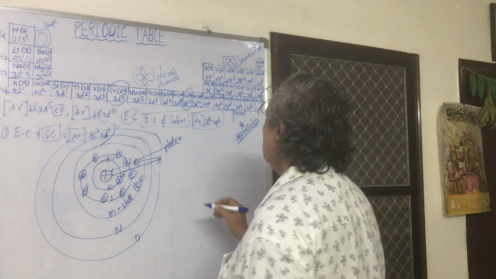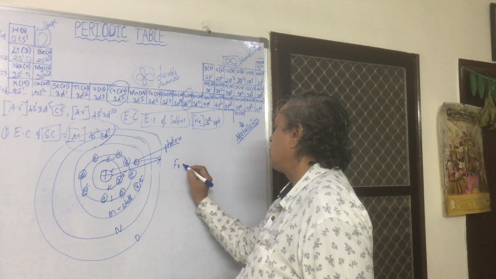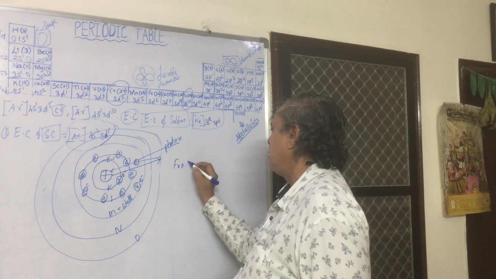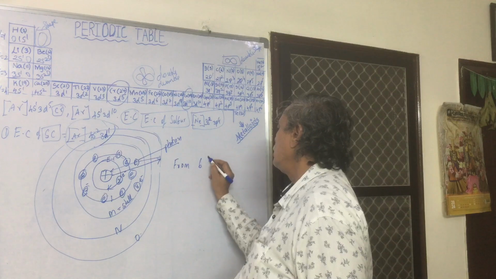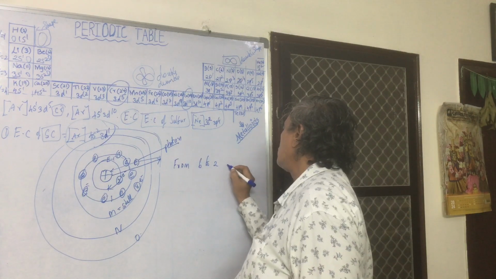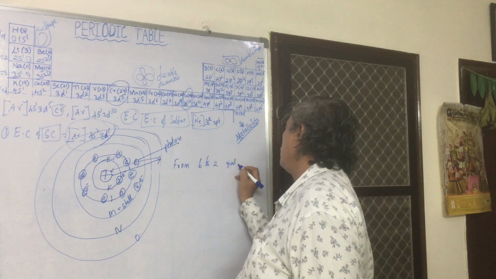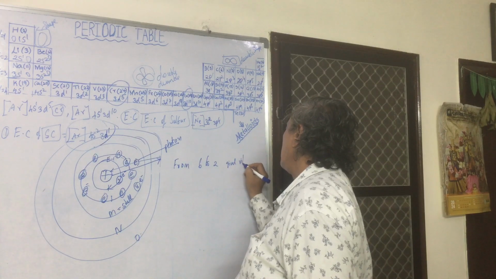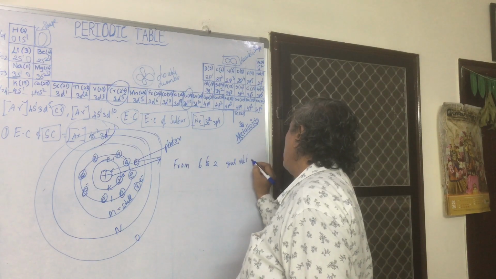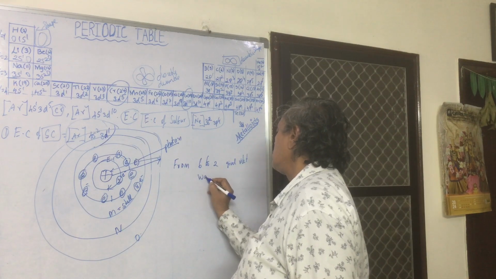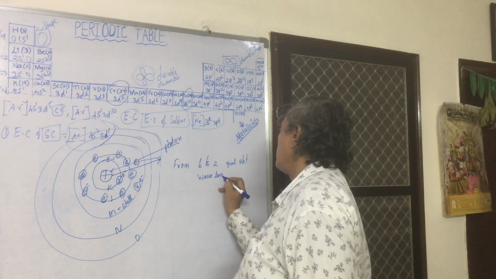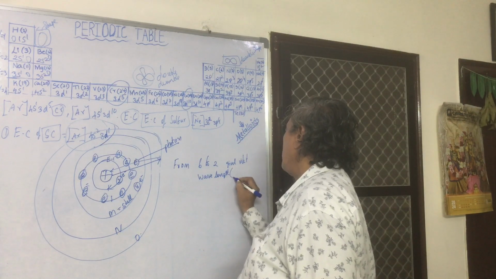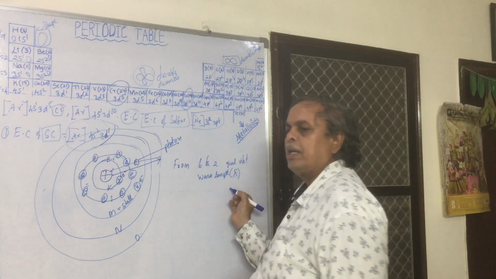Electrons jumping down from shell 6 to shell 2 give what color? Violet color. What is the wavelength? The symbol of wavelength is lambda. Lambda is called the wavelength of light, since light is a wave.